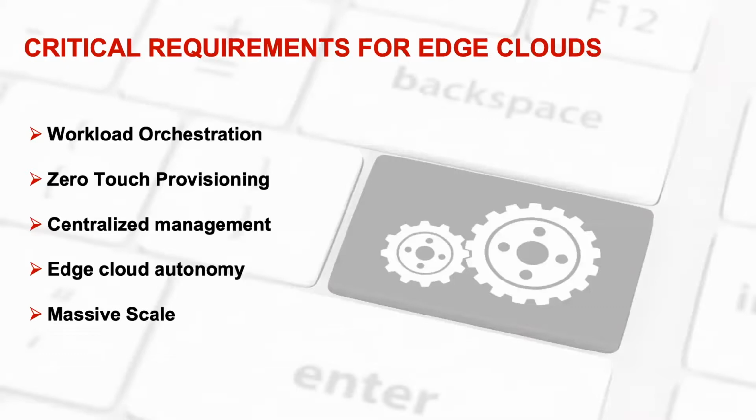Centralized management in some architectures, which provides a system-wide view of all the servers, all the devices from a single pane of glass. And these could be centralized services such as logging, storage, security, and so on. But you also want edge autonomy.